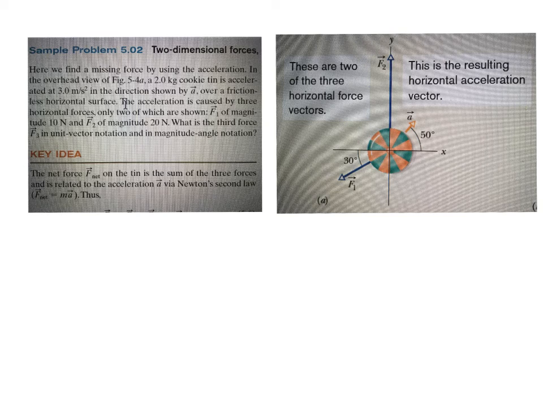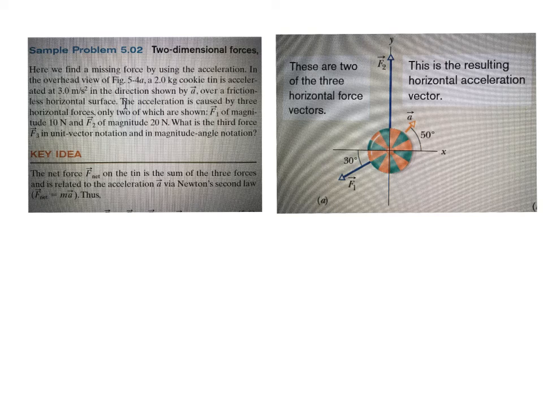In the overhead view we're seeing here, the cookie tin with a mass of 2 kilograms is accelerated at 3 meters per second squared in the direction shown by vector A. So it's at an angle, right? The acceleration is at an angle over a frictionless horizontal surface, so on a plane. The acceleration is caused by 3 horizontal forces, only 2 of which are shown.